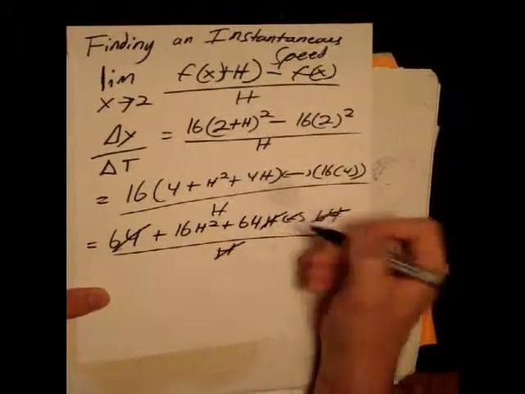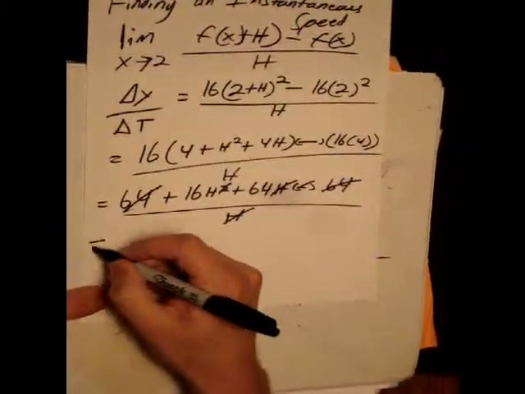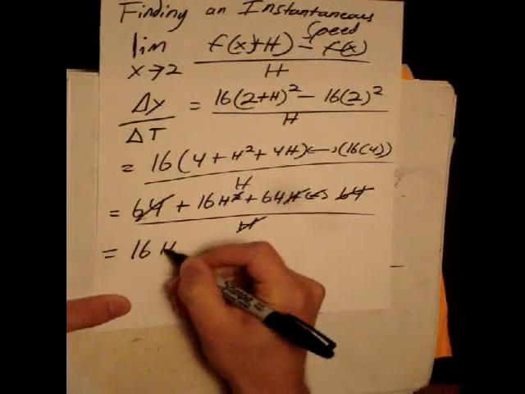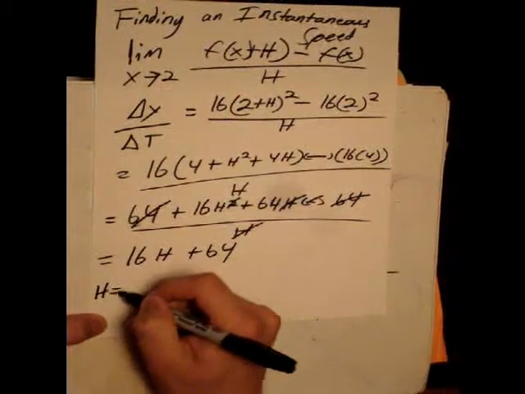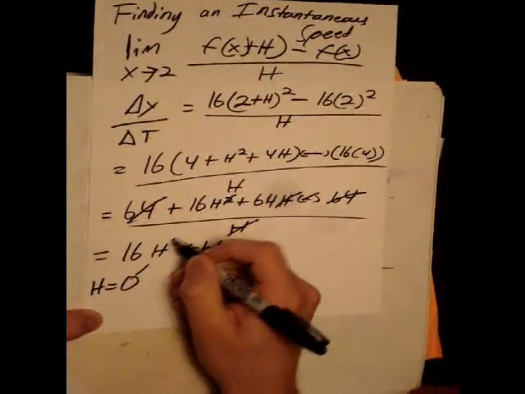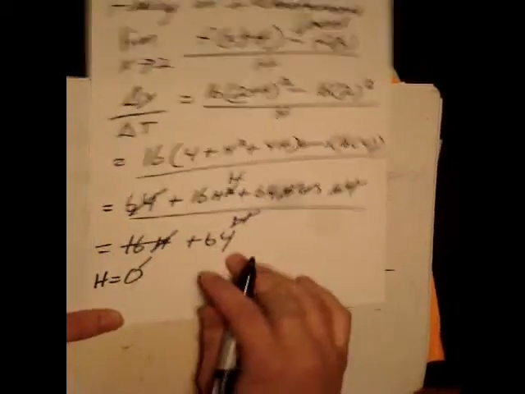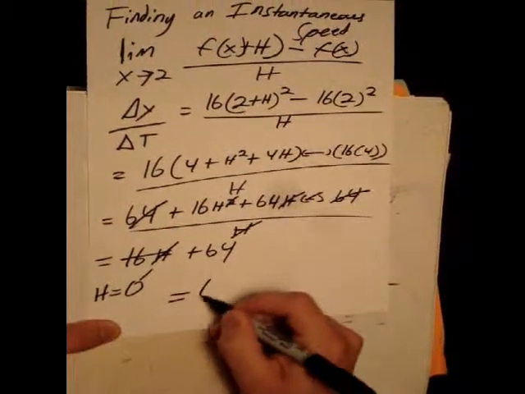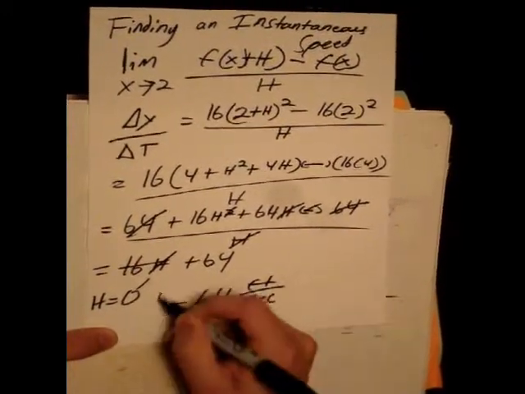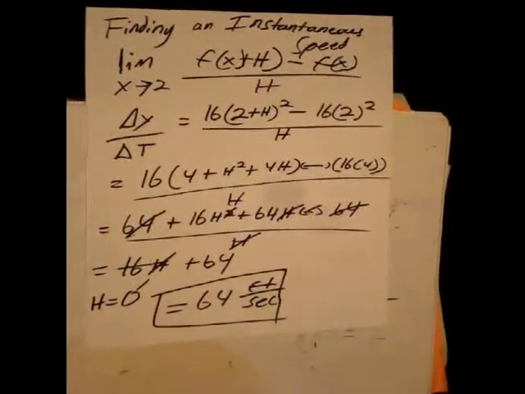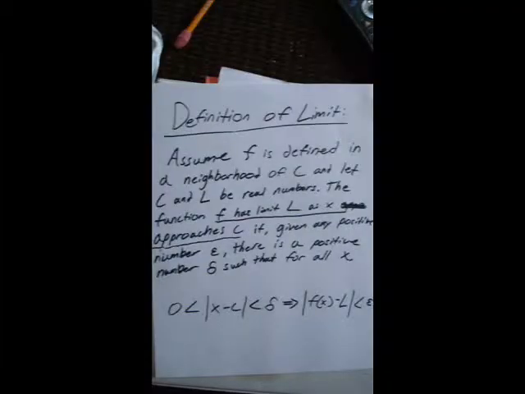Gotta remember to put over the h, take out the h, divide by h, there we go. Get rid of all them h's. And we have 16h plus 64. H, of course, equals 0, because we're going as the limit approaches 0, and that gets rid of the 16h. And now we have that the instantaneous rate of speed at t equals 2 is 64 feet per second.